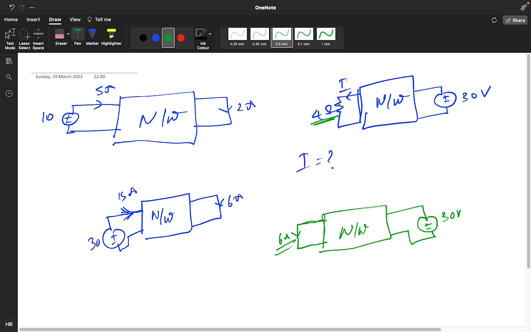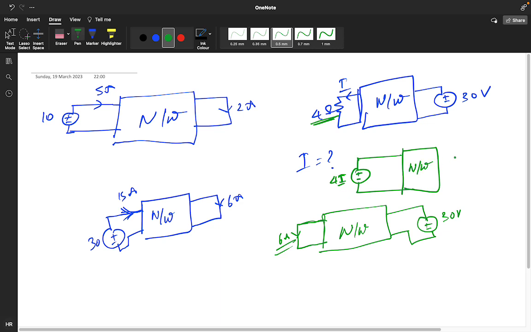Okay, we can do it like this also, no? See, we can make this circuit like this. Positive negative 4I. We can remove this resistor and make it like this, 4I, 4 into I as a voltage.